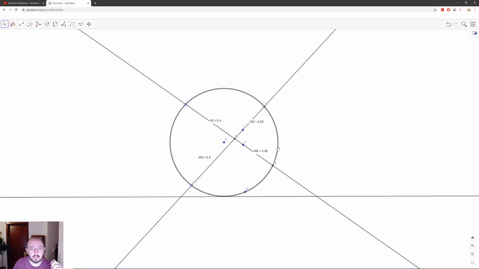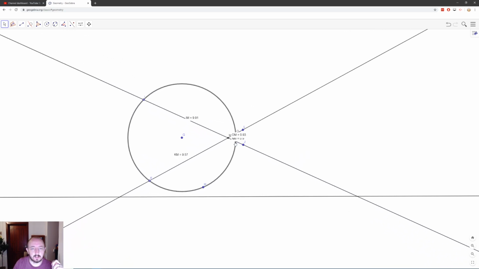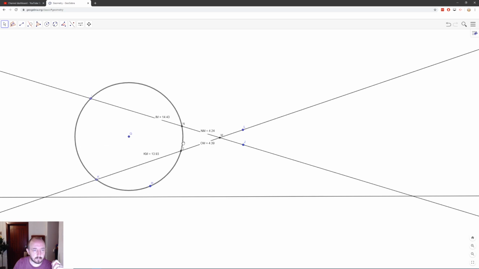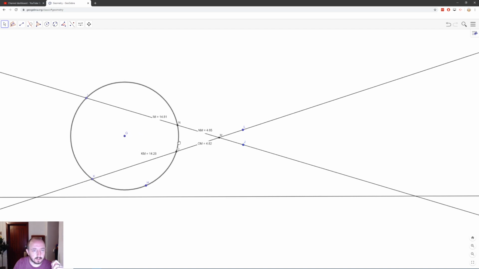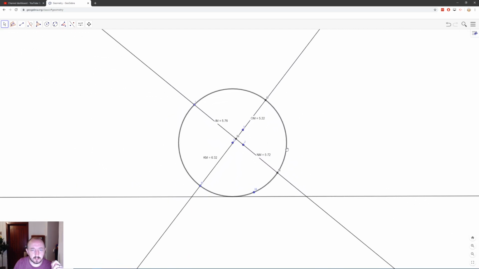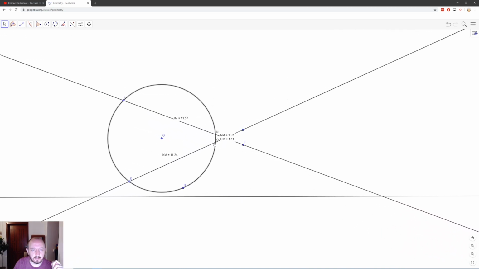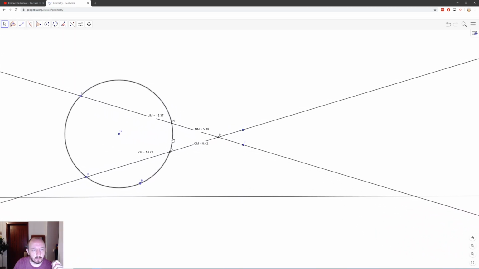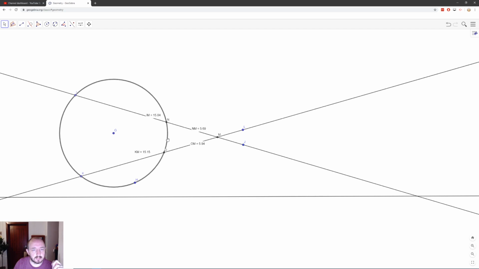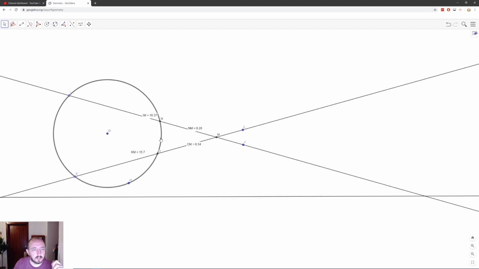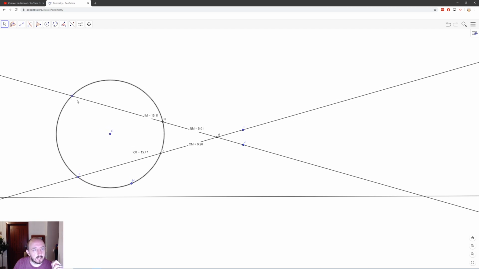Now, if I take these points outside of the circle like this, you can see that I've just taken the circle and I've taken this outside. I've got the same points, but the formula is slightly different now. Now we have I to M is the whole distance from I to the point where they cross over, and then N to M is the bit outside the circle.